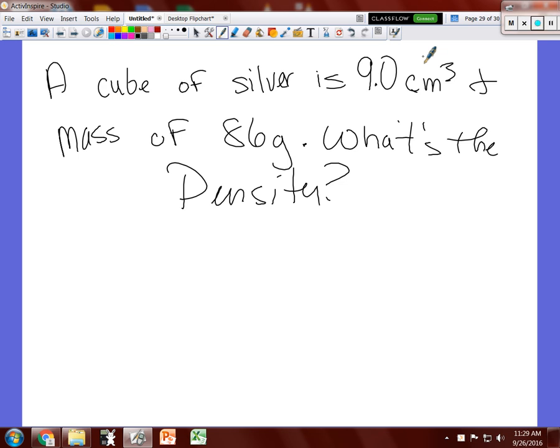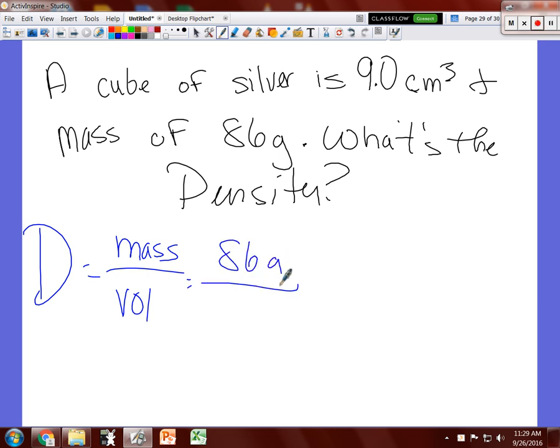So my first question is, when we do density, what would be your formula? Mass over volume. So it would be 86 grams divided by 9.0 cubic centimeters. Let's start with the units first. Do grams or cubic centimeters cancel each other?